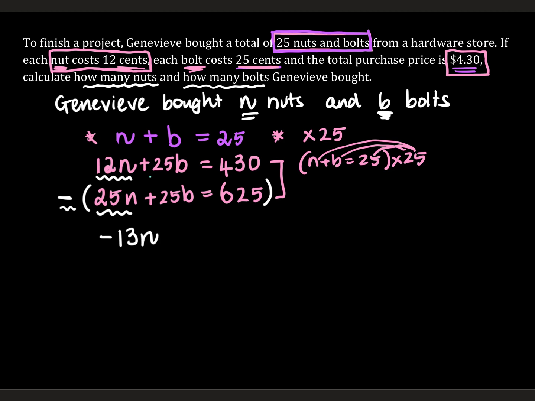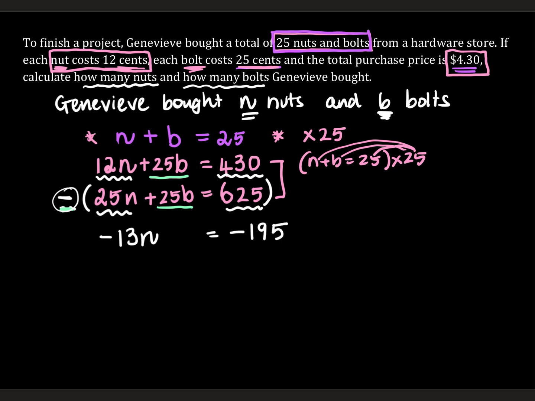Next, what do I have? 25B take away 25B. I've eliminated them, haven't I? That's 0B left. Okay, what do I have next? Equals 430 take away 625. In my calculator, 430 minus 625 will give me negative 195.